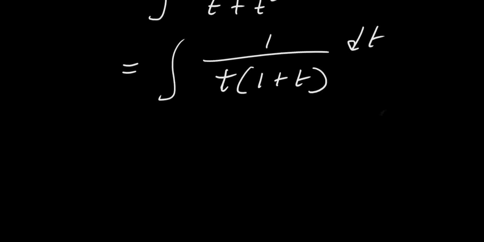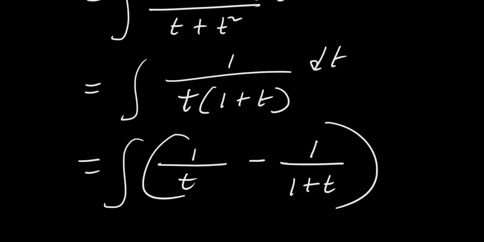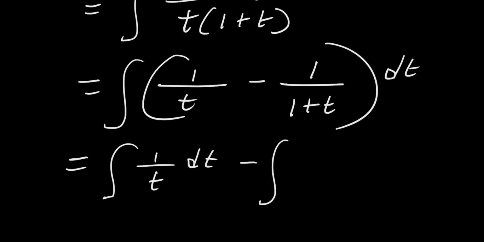So now it's possible for us to split this into 1 over t minus 1 over 1 plus t, just put this in parentheses, dt. It's still the same. If you try to solve this now, you get back to 1 over t parentheses 1 plus t. All right, so this is equal to the integral of 1 over t dt minus the integral of 1 over 1 plus t dt.